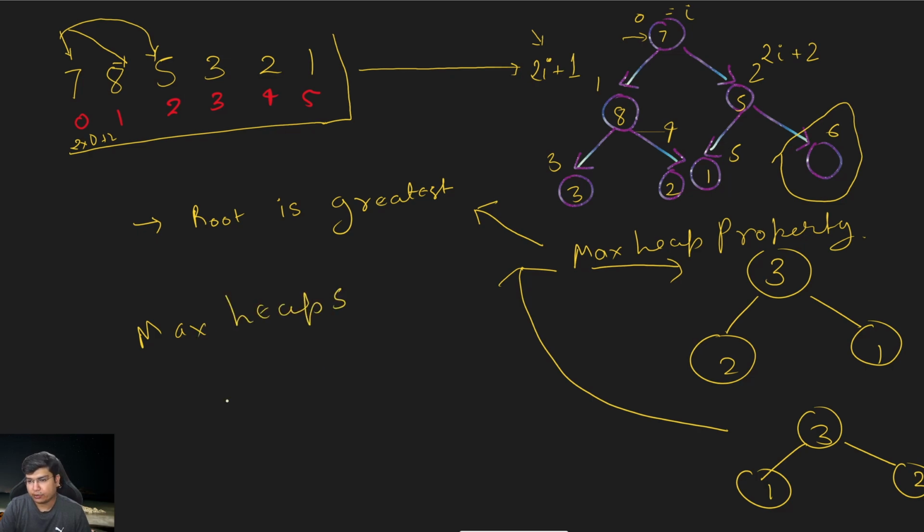Now what does a max heap offer us? Max heaps offer us one particular thing, which is that whenever you ask for the greatest number, it will always be the first number in the array.